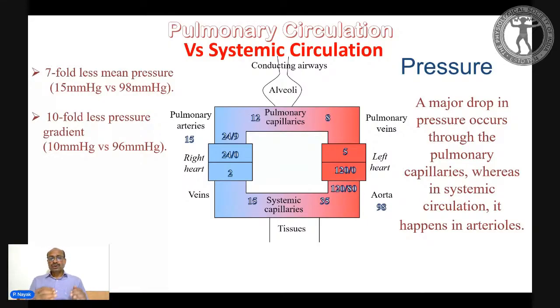So, not only do we have a low pressure gradient, it matches our requirement, and the organ available to us is perfectly doing its job. The major pressure drop occurs through the pulmonary capillaries, whereas in systemic circulation, it happens in the resistance vessels, the arterioles, metarterioles particularly.